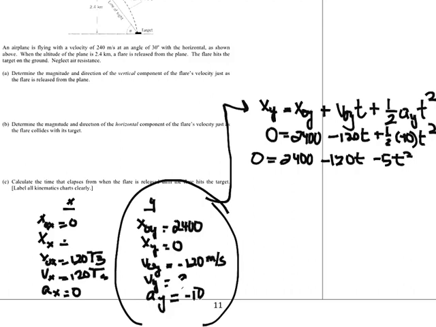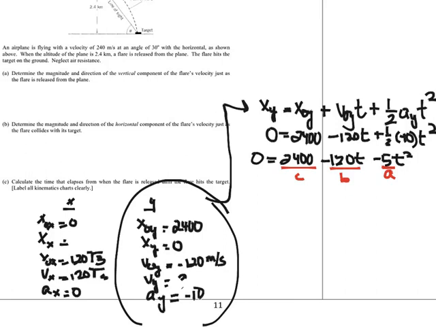To solve this, I'm going to have to use the quadratic formula. In math, the thing next to your x squared you call a, the thing next to x you usually call b, and the last thing you call c. We can do the same thing here.